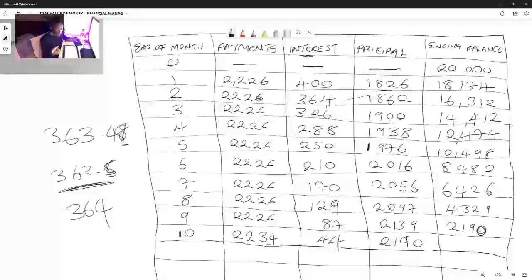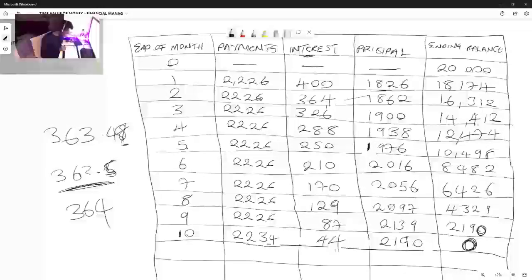We're going to get a 0. Don't mind my 0, I just want to make emphasis. So we now have our 0 there, and that's our ending balance for period 10. That means that by period 10, we've paid off our entire mortgage loan. So we're done there.